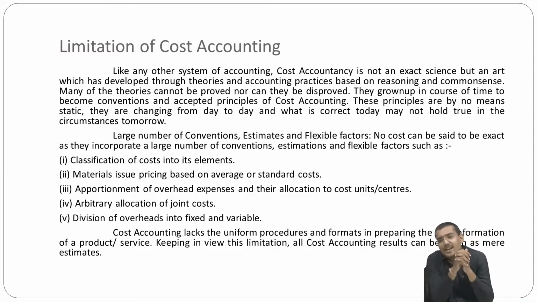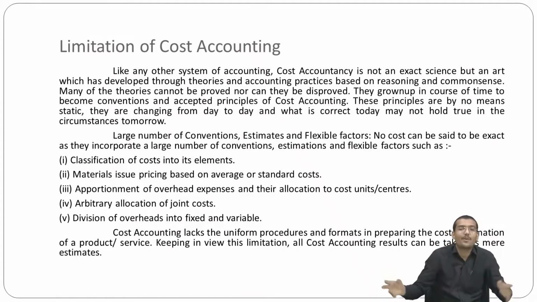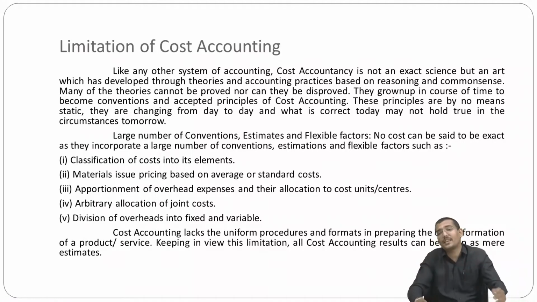We can say that estimation plays an important role. And before you estimate that particular cost, the classification of cost into its elements is the biggest disadvantage, and if you have accuracy in that, then and only then is your cost accounting system in an appropriate manner.